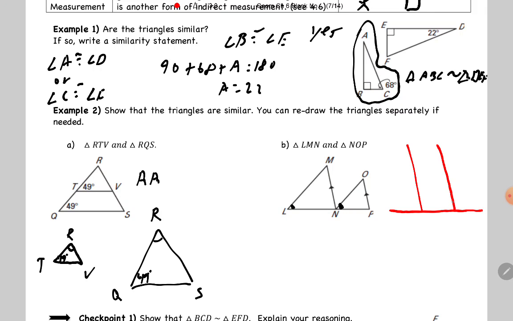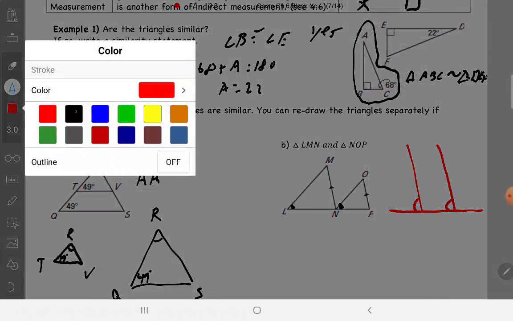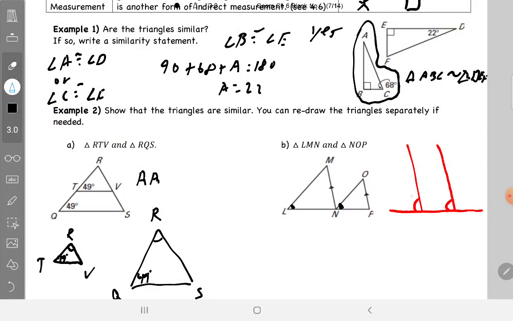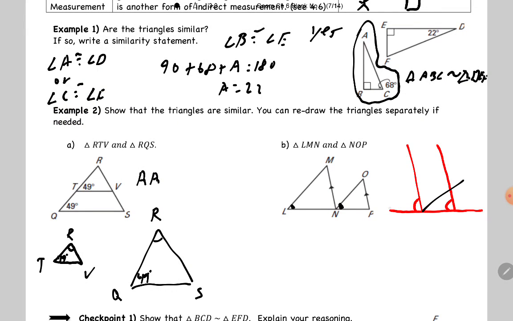This angle here is congruent to this angle. And if I redraw back the triangles, you can see that these two angles are also congruent.